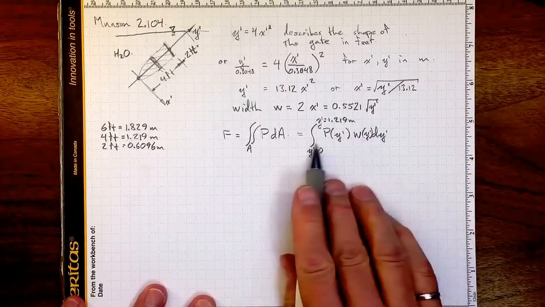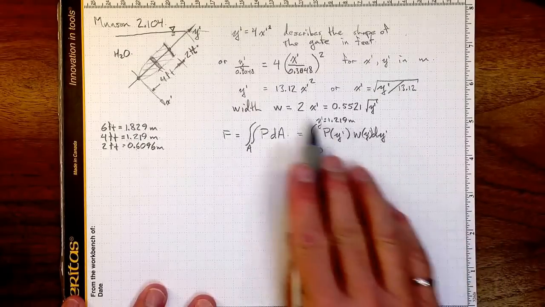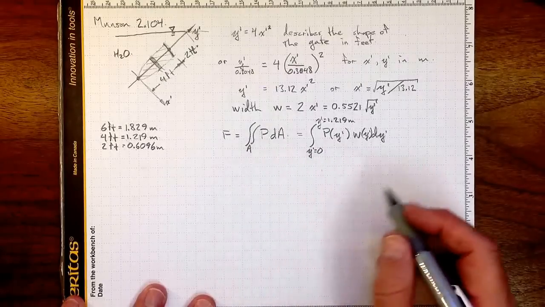So we need to sort out both of those, p of y prime and w of y prime, in order to substitute in. We've already got w of y prime up here, so let's get p of y prime.